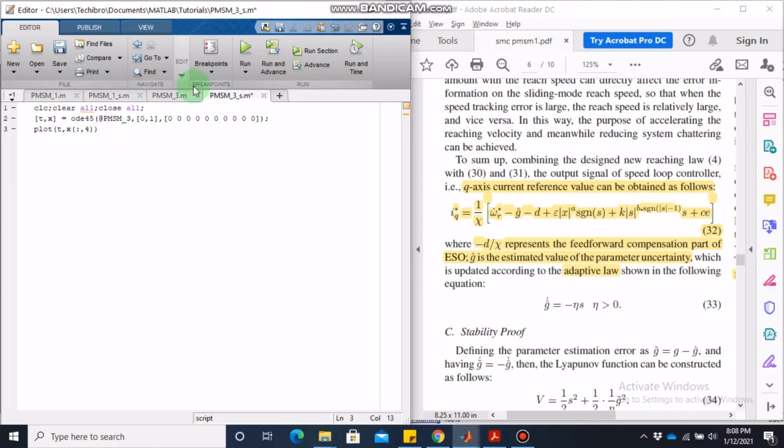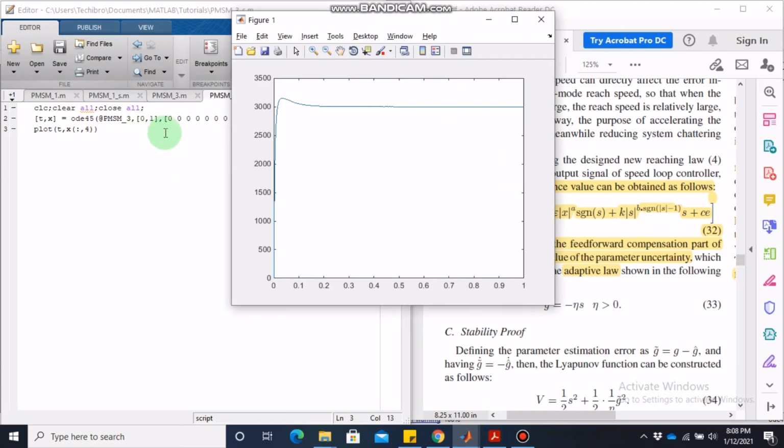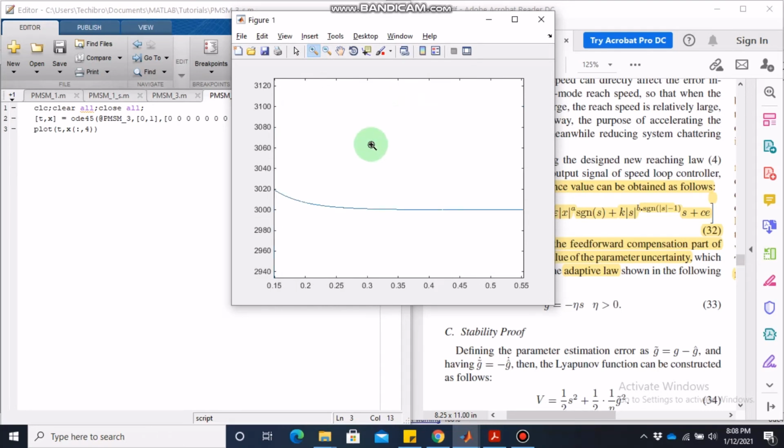If I run this code, I'm running it for just 1 second. You can see that velocity goes from 0 all the way up to 3000, and it's almost perfectly tracking. We can just zoom to see if there are any problems.